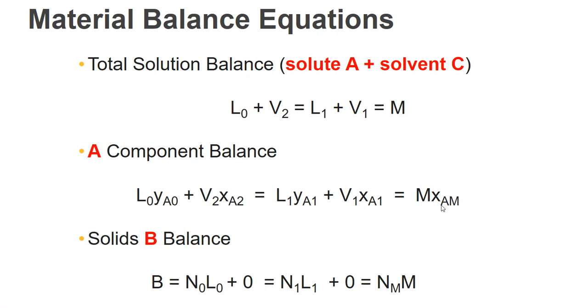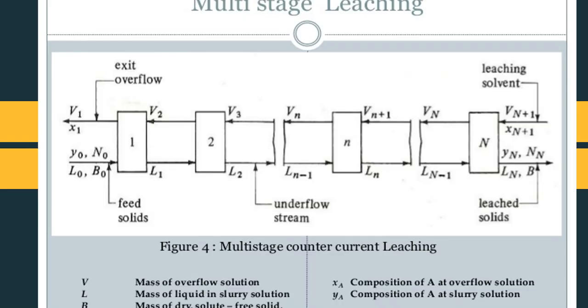XA is the representation of the concentration of A in your bulk phase M. So we can use any or all of these material balance equations, total, component, and solid balance, when we encounter leaching problems.